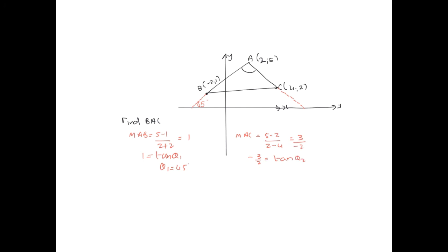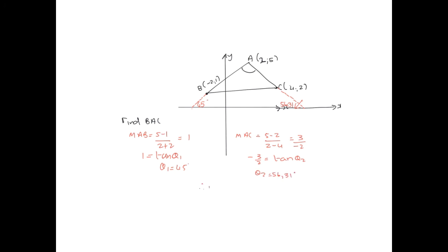And you're going to say shift tan minus 3 over 2. And we get minus 56,31 again. And remember I told you we can just literally take away the negative and say that's 56,31. So theta 2 is equal to 56,31 degrees.